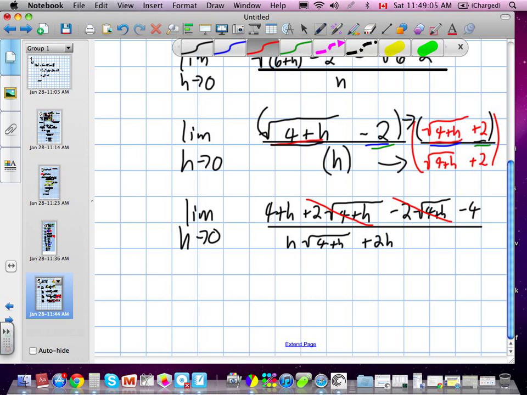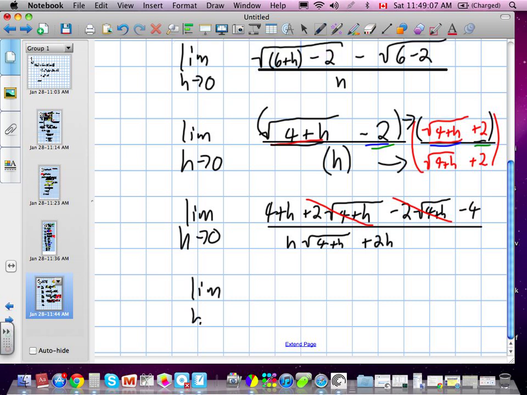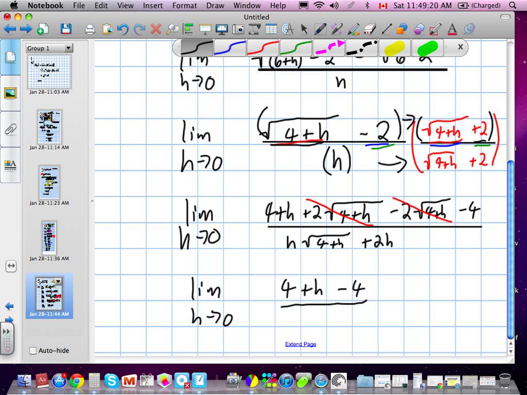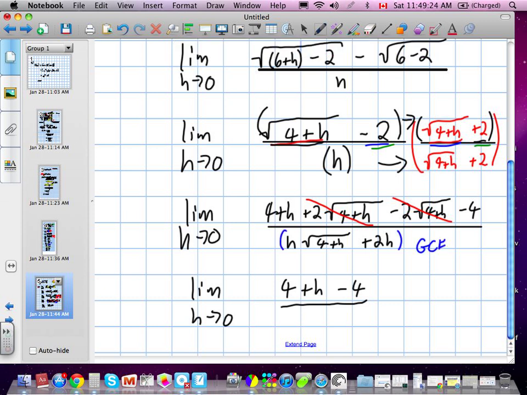So we have the limit as h approaches 0 of 4 plus h minus 4. And here we can factor something out of both of these terms. We can take a greatest common factor out. What can we take out of both? h, yeah. We didn't have to distribute it; we could have just left it the way it was before. So h times (root 4 plus h plus 2).